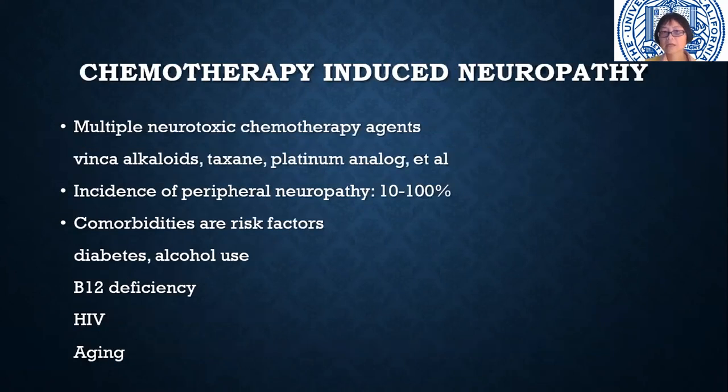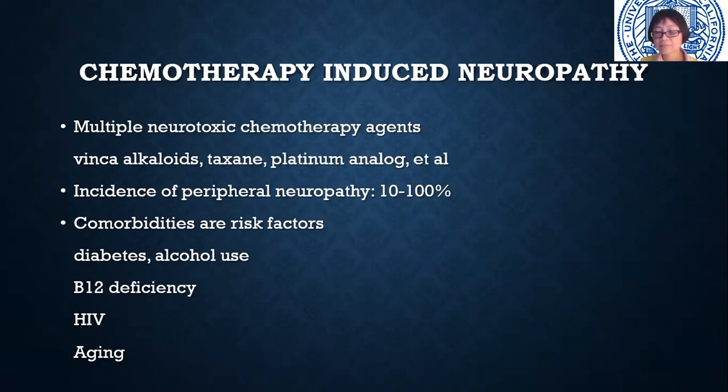The chemotherapy-induced neuropathy is relatively common. That's one of the most common toxic neuropathies. Because nowadays, with all kinds of chemo agents applied to treat cancers, more and more patients start to suffer from chemotherapy-induced neuropathy. The incidence varies in different chemo agents, could be 10 to 100 percent.